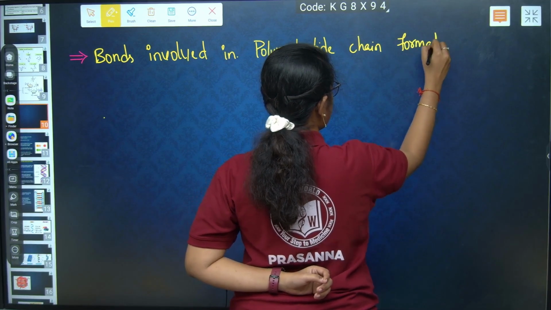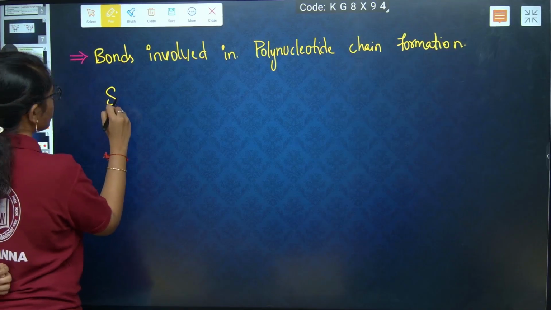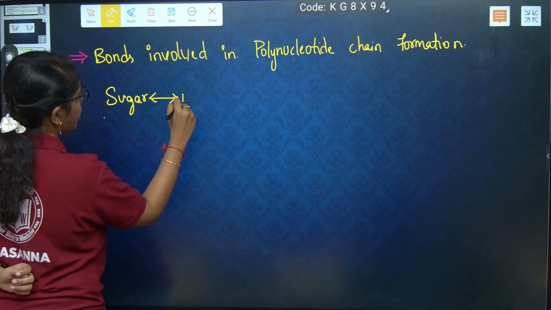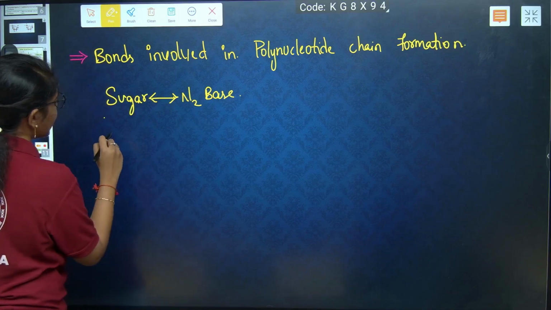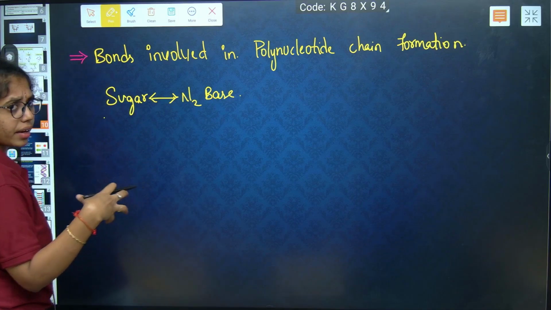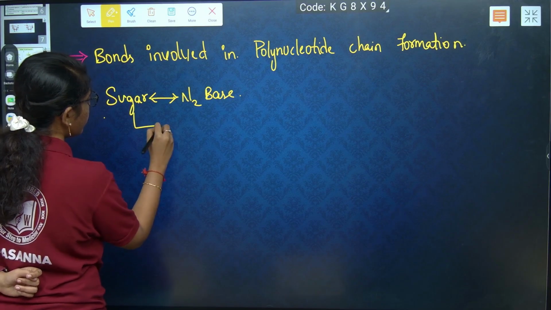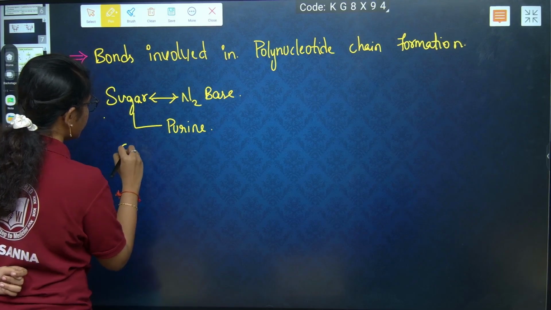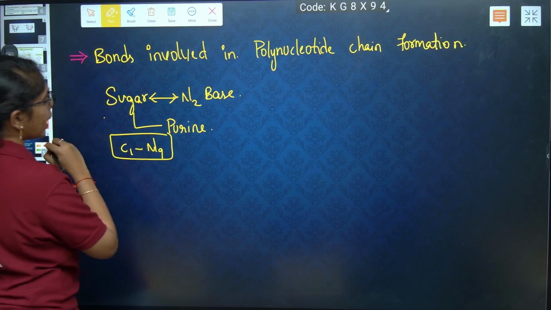First, the bond between the pentose sugar and the nitrogen base. If the sugar, either ribose or deoxyribose, is attaching with a purine, it is C1 and N9, right? It is a C1 and N9 glycosidic bond.